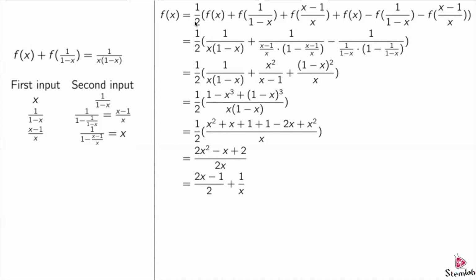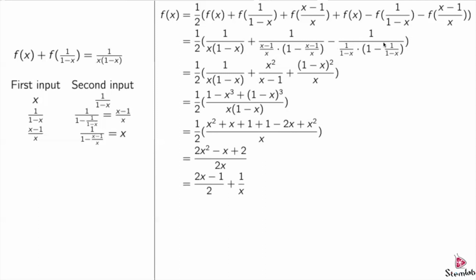So f of x is nothing more than 1/2 times the functions which have the first set of inputs, right? The first pair, plus the third pair minus the second pair. Okay, that's really just what's here. So given the definition, the first pair is nothing more than 1 all over x times 1 minus x, which is basically 1 minus the first input, or the first argument of the function, plus 1 all over x minus 1 over x, which is here, times 1 minus that, basically that input.